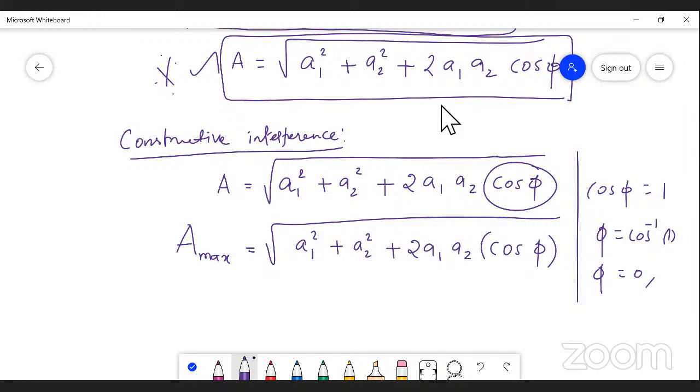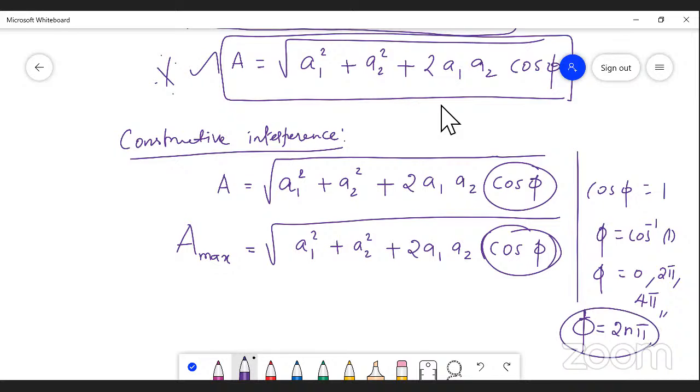What are the phase differences for which cos phi equals 1? Phi is equal to 0, phi is equal to 2 pi, phi is equal to 4 pi. The general formula is phi equal to 2n pi. This is a very, very important condition.